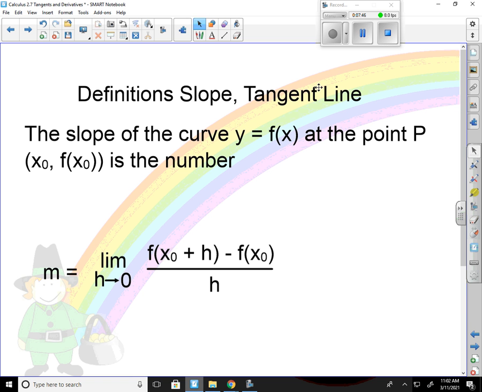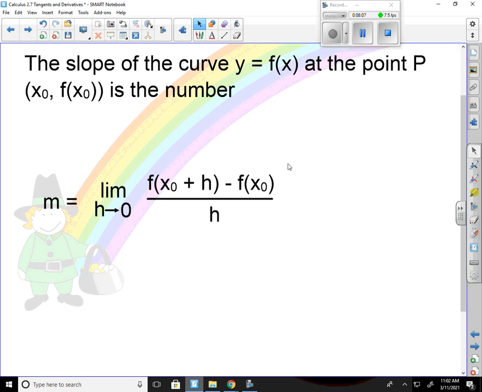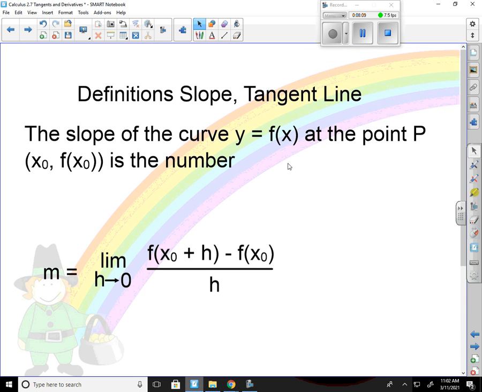So as I get closer and closer to P, or my x naught, then I can plug that number in, plus my gap, to the formula, minus just plugging the number in, and dividing by h, and you're taking the limit as h approaches 0. This is just the way that we define this.